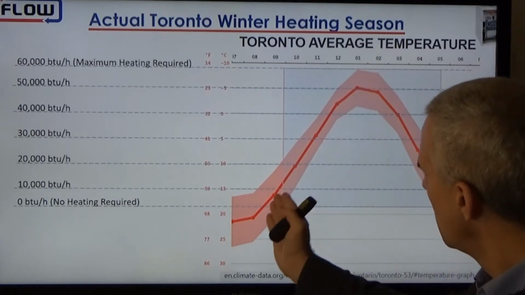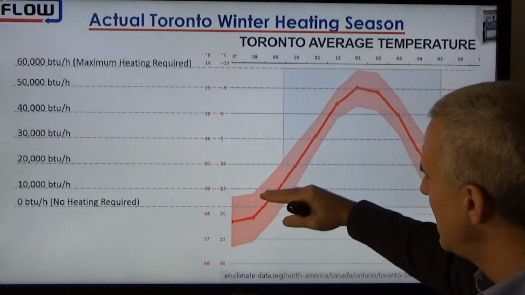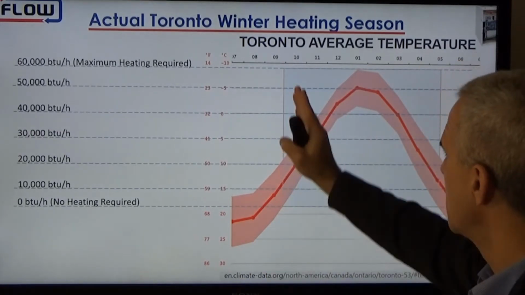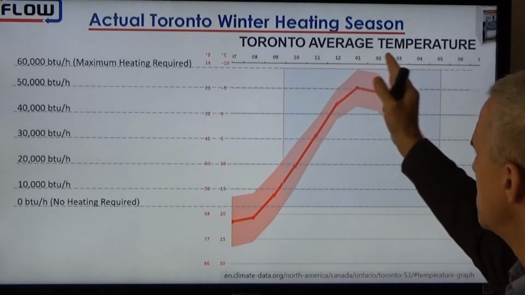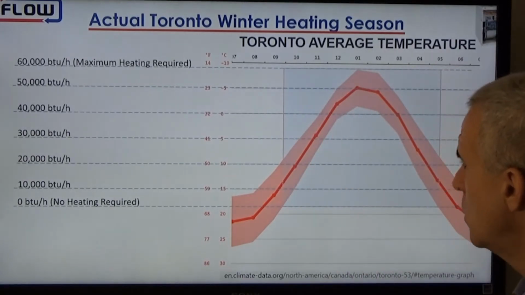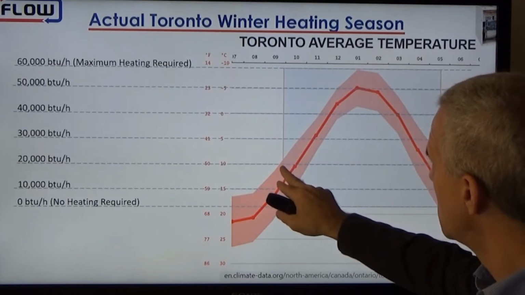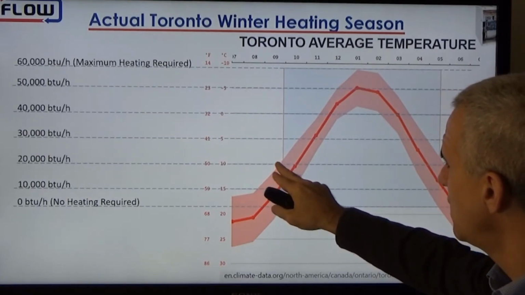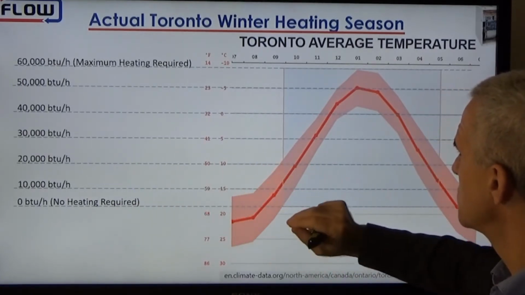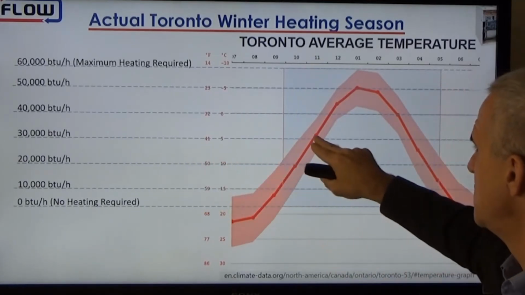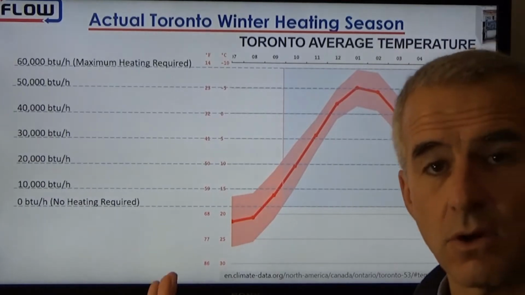So these are the amount of heating we need at each section of the winter, as we take these 4, 5, 6 months and divide them up. So what it shows is that at the end of September, I'll need about 20,000 BTUs. If I'm in November, I'm going to need about 30,000 BTUs. Okay, so that's our curve.